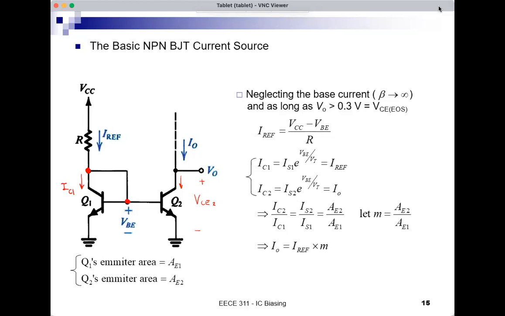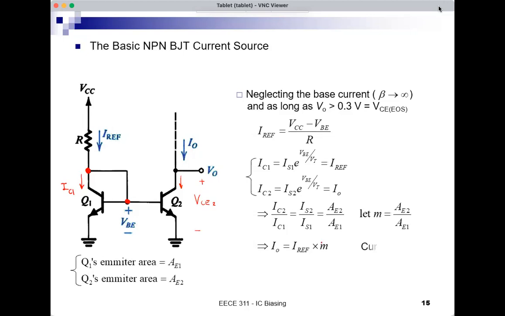IO will be IREF, the current flowing in the resistor, times M, where M is AE2 over AE1, and that's a constant. And this is a great result because it shows that the output current is the reference current, which is determined by this part of the circuit, and it's fixed, times a constant.